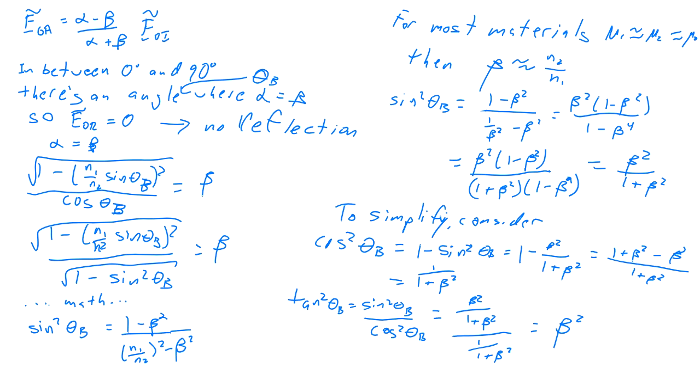So here, tangent of Brewster's angle is equal to beta, which is about equal to n2 over n1. So another way to say this is theta Brewster is equal to the inverse tangent of n2 over n1. Right, so that's going to be useful.